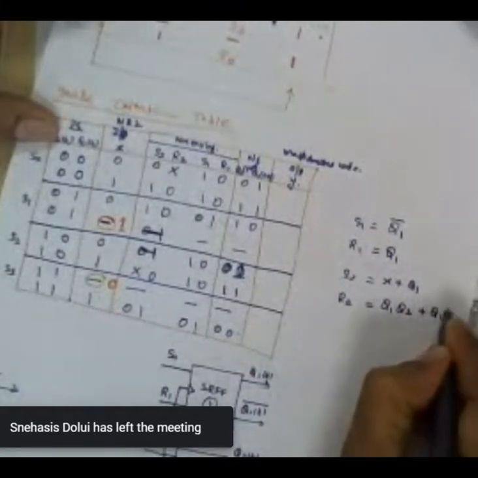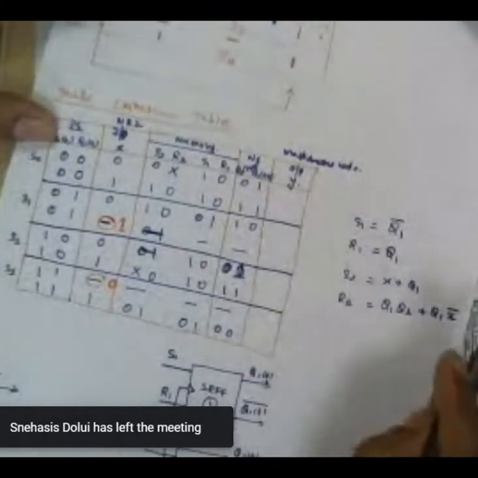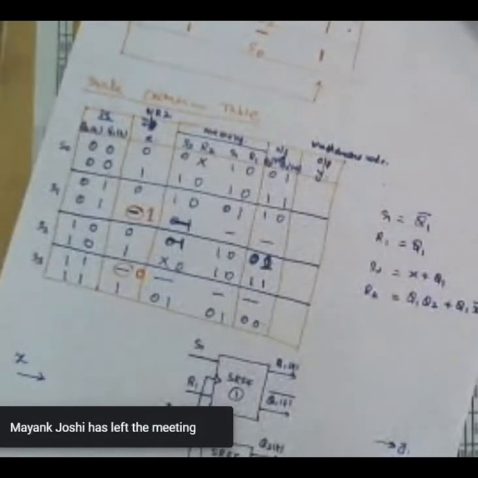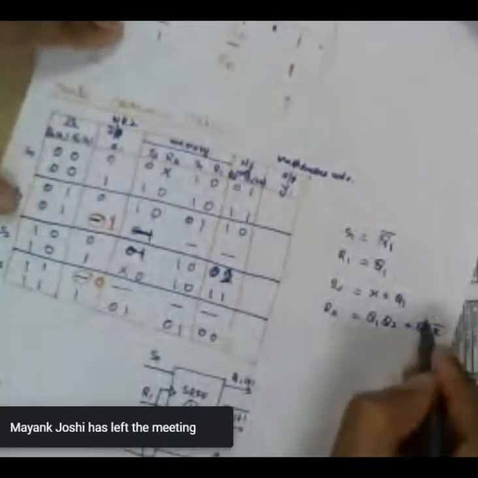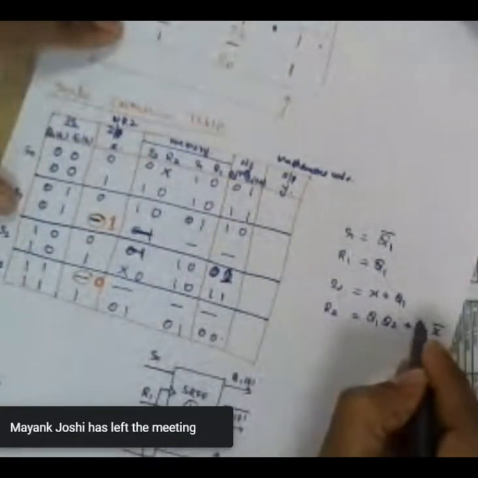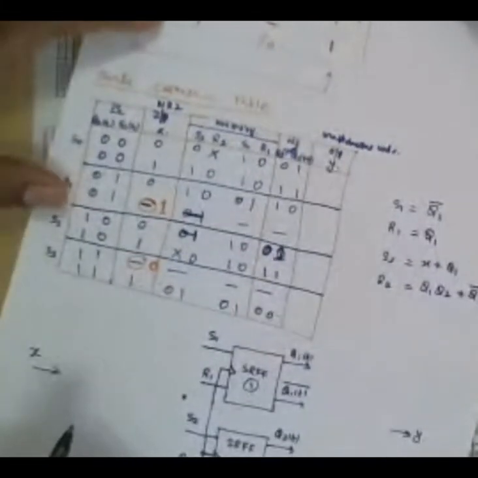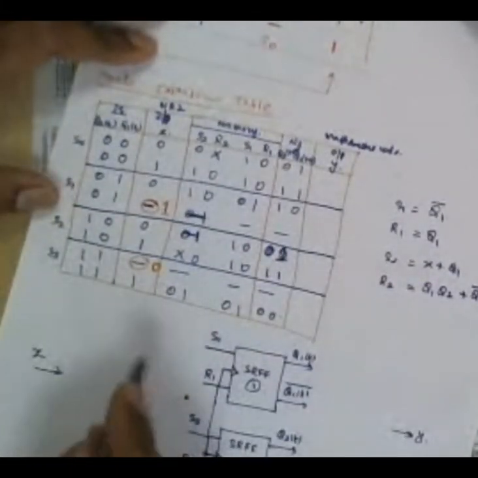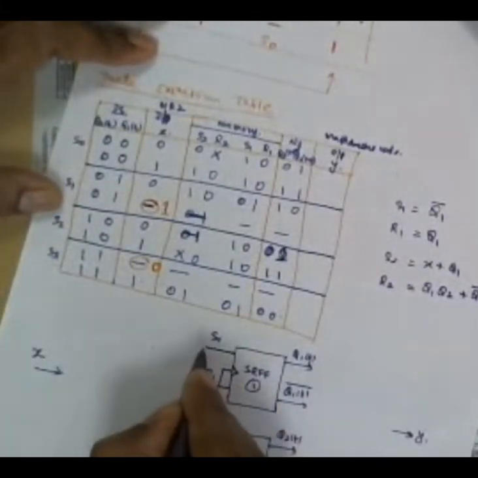Q1 bar, X bar. Okay, draw the circuit for this one then. S1 goes to Q1 bar.